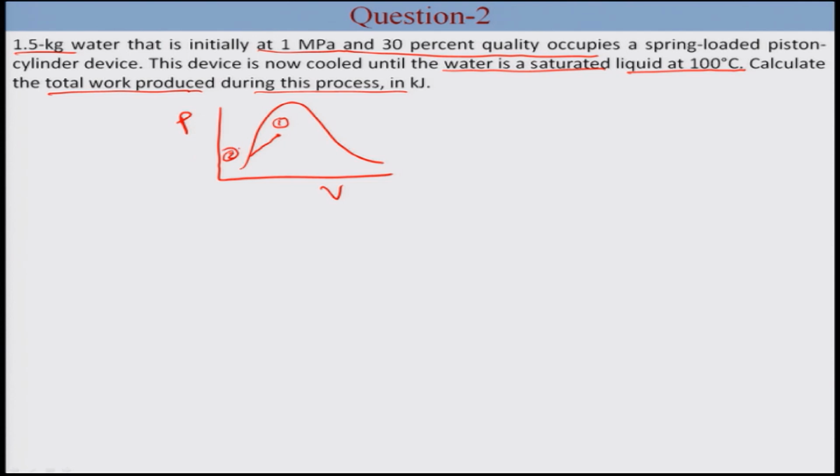We have to calculate the total work produced during this process, and here we assume that the process is quasi-equilibrium. So the total work produced in this process would be the area under this line. So W total will be the area of this shaded region.